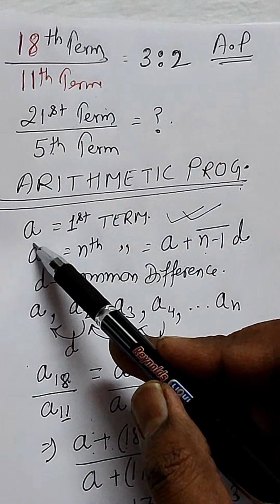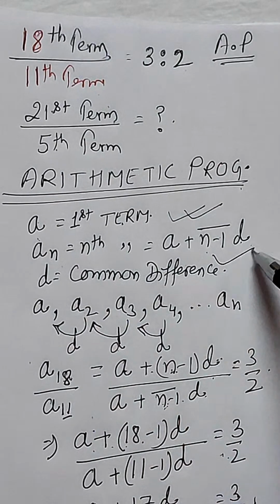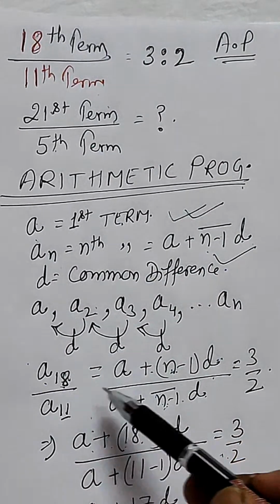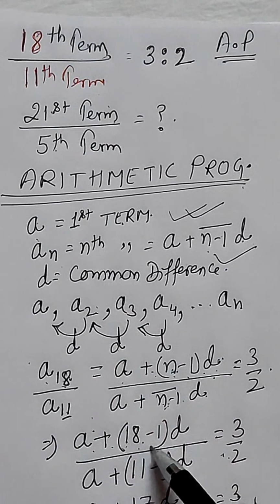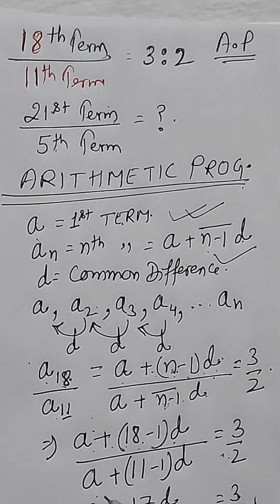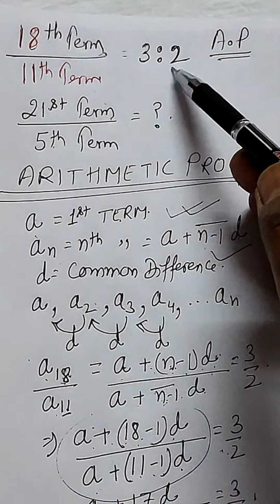If a is the first term and d is the common difference, then the nth term is given by a plus n minus 1 into d. In this way the 18th term can be represented as a plus 18 minus 1 into d, and in the denominator the 11th term can be represented as a plus 11 minus 1 into d, and this ratio is given as 3 is to 2.